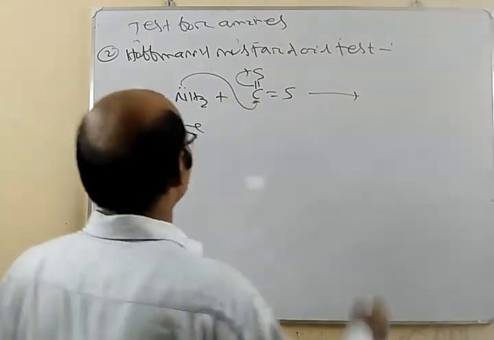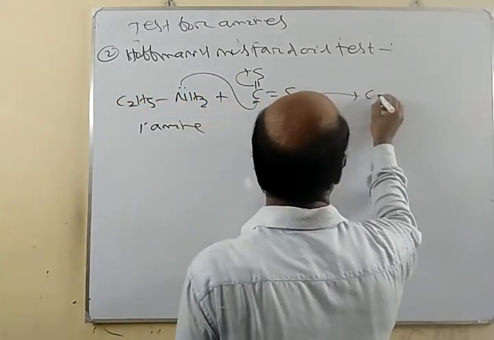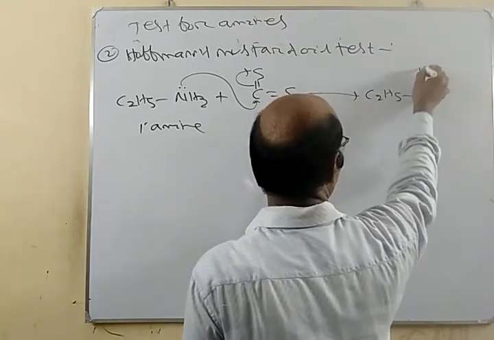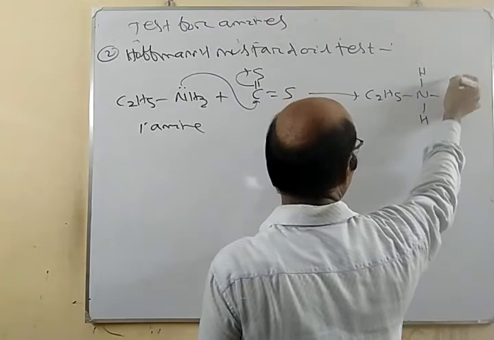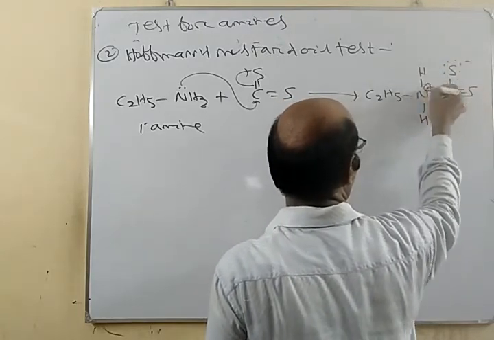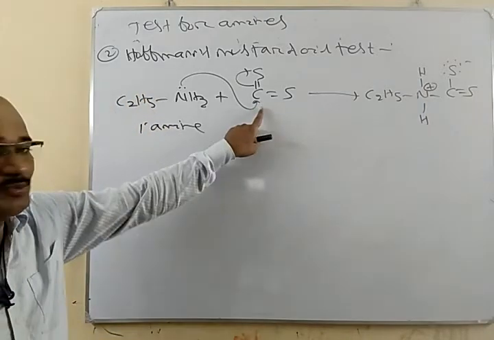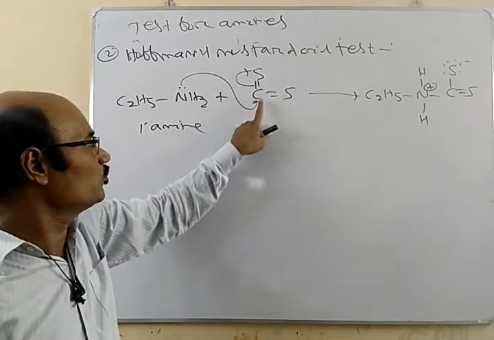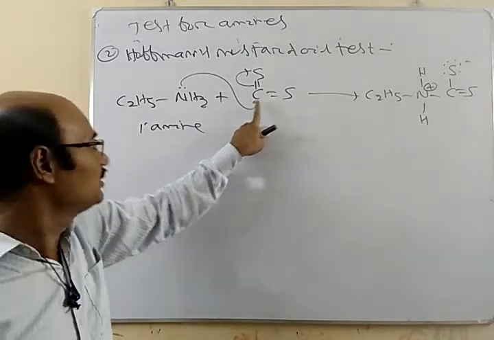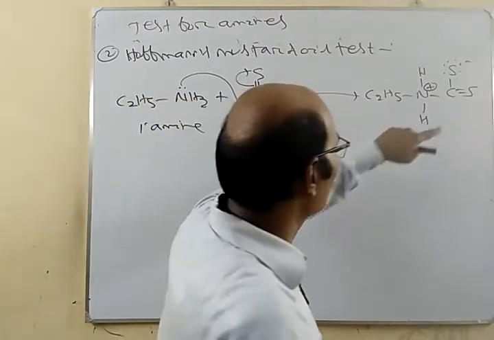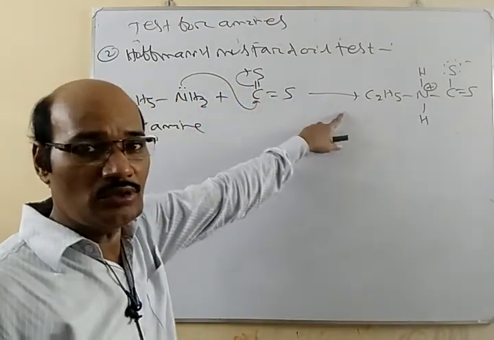We get C2H5NH-C(=S)-S minus plus. Now this carbon becomes positive; when the double bond breaks here toward sulfur, this carbon becomes electron deficient. Now the electron-rich nitrogen can attack here, so we get this one, and the positive charge comes to the nitrogen.